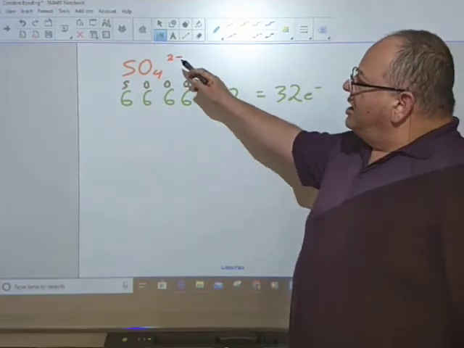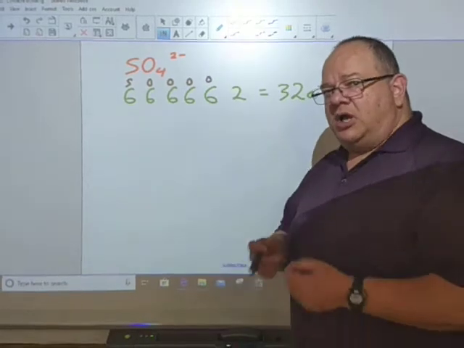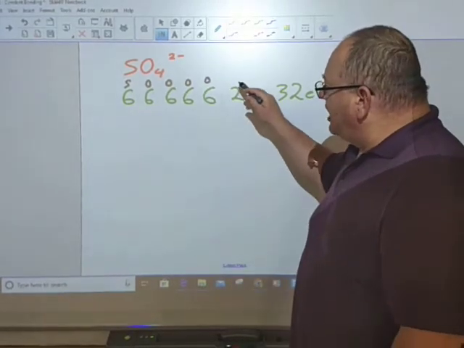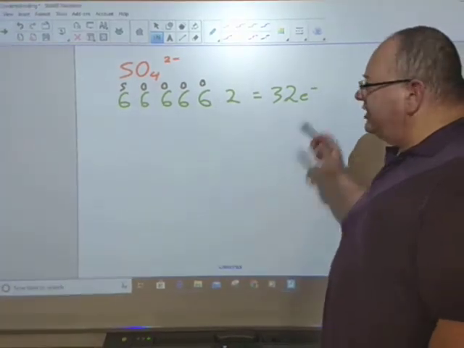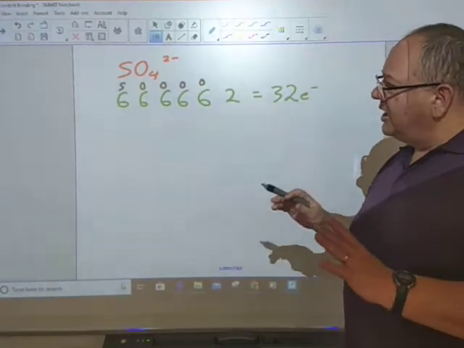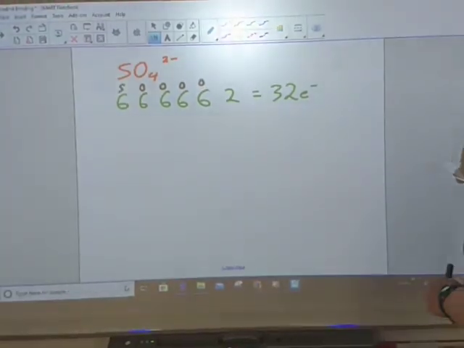And then, because of this 2 minus, that structure has 2 extra electrons to use. So I have an extra 2. And when I add that all up, I end up with 32 electrons. I know this structure has to show me 32 valence electrons.